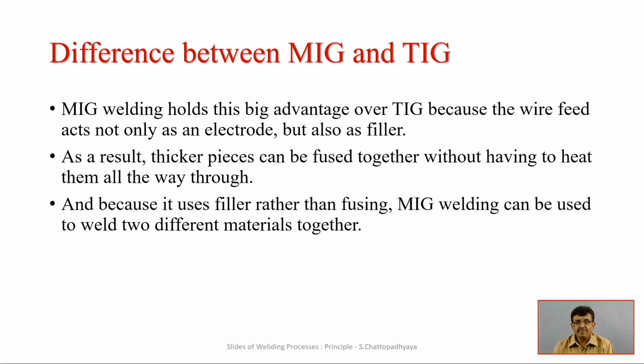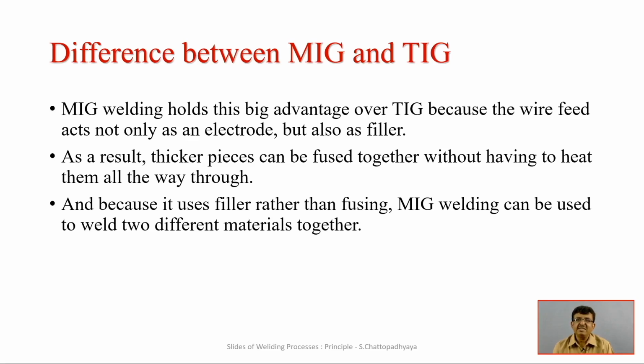We are discussing the difference between MIG and TIG, and that differentiation is very important from the exam point of view and for understanding the concepts. MIG welding holds a big advantage over TIG because the wire feed acts not only as an electrode but also as a filler, and it is a continuous process.